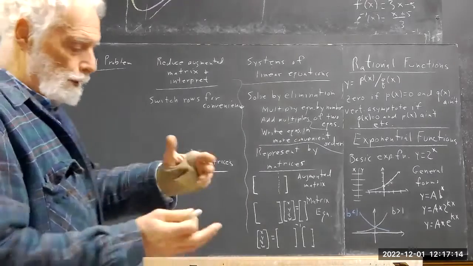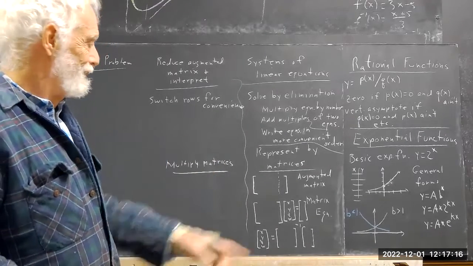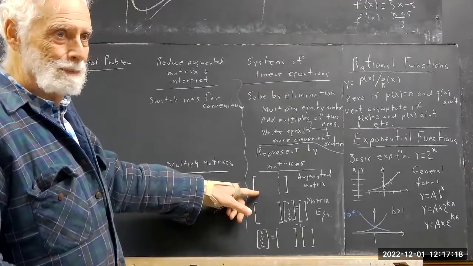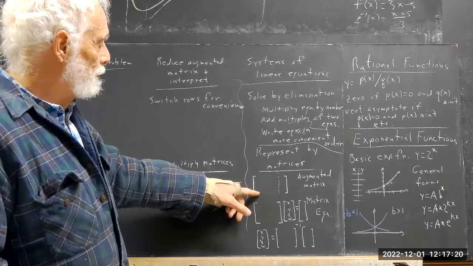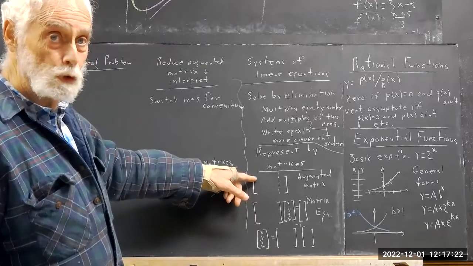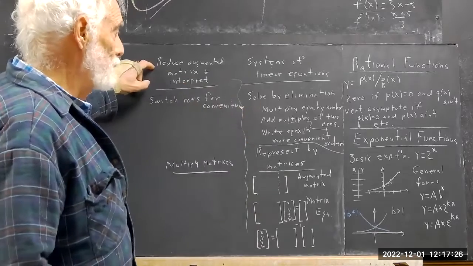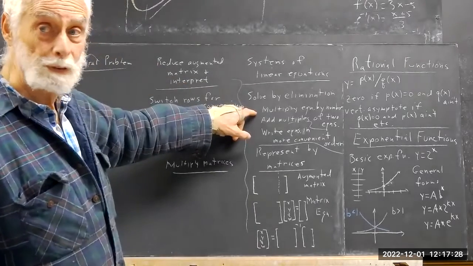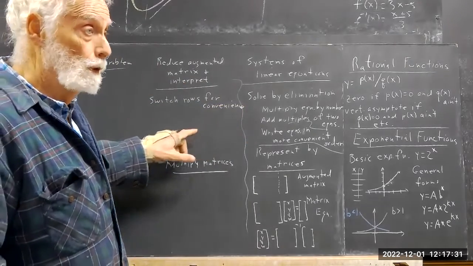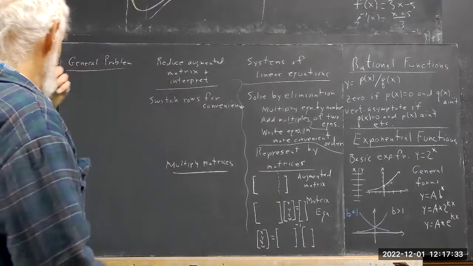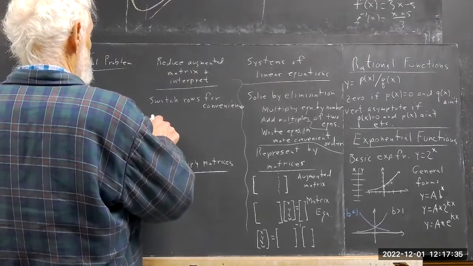Like if you've got a 1 in the first position, down here, it's usually convenient to put that row on top. It's equivalent. What you do here is totally equivalent to what you do with systems, except you've got to do it in a little more organized manner when you have an augmented matrix. Okay.